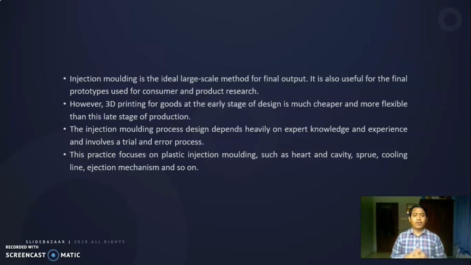This process focuses on plastic injection molding, such as heat and cavity, sprue, cooling line, injection mechanism, and so on. Plastic injection molding has a very long range of items that can be made, making it very versatile. We have successfully built a mold that consists of all necessary components and is ready for use.